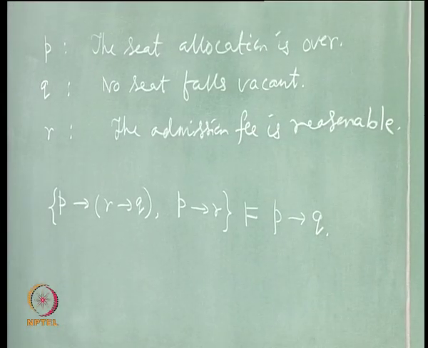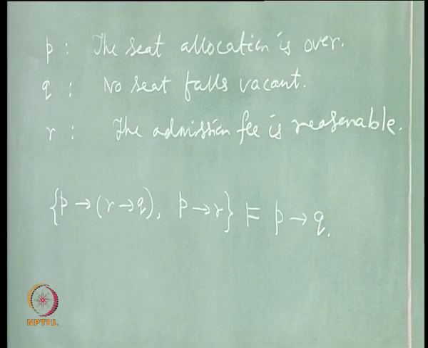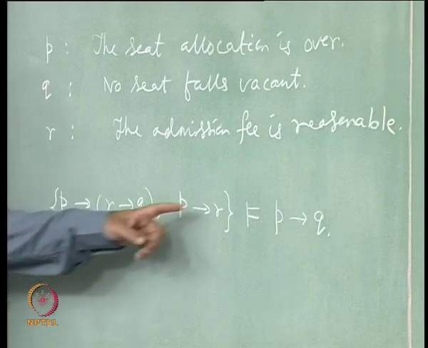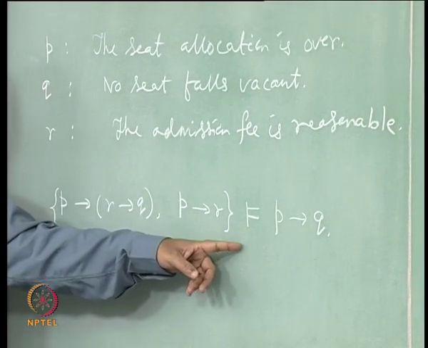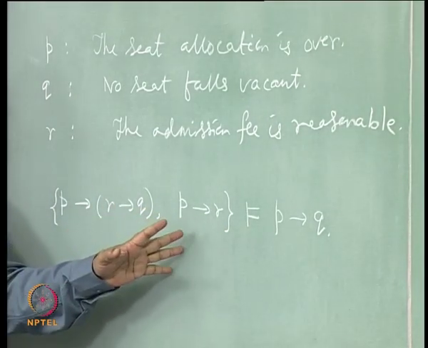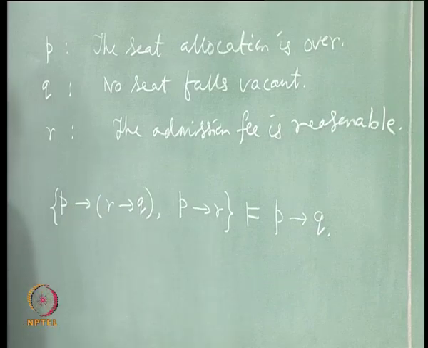Okay. So, now again we are lazy people, we do not want to write the braces. So, what we do, if it is a finite set, we make it a convention not to write the braces.